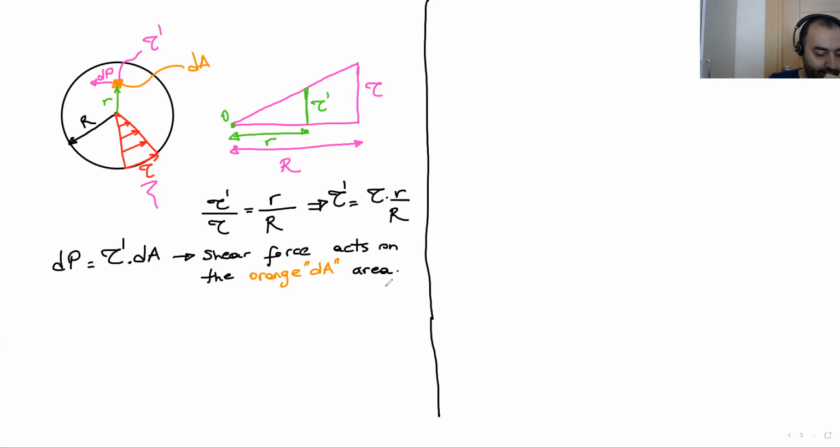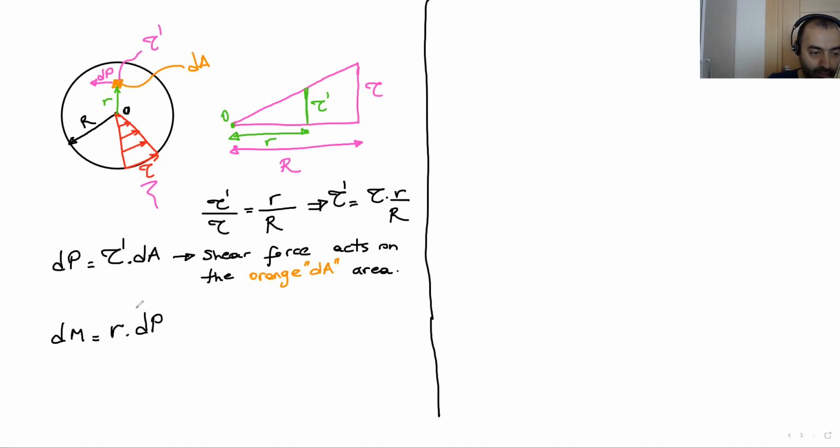Now we can calculate the moment around the center. Okay. This is the dm. If we know the force times distance gives us the moment, remember. dP times r, or r times dP, whatever.